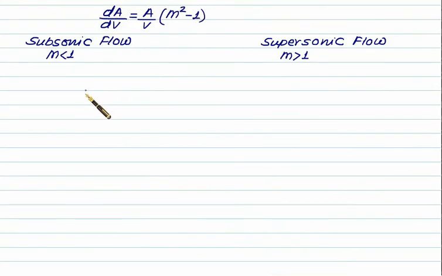Again we'll check one more time the same relation, dA by dV equal to area divided by velocity into Mach number square minus 1. Let's consider subsonic flow. Whenever we have a subsonic flow, this number is negative. In that case, dA by dV will be a negative number. Because of this, we say that we have an inverse relation.